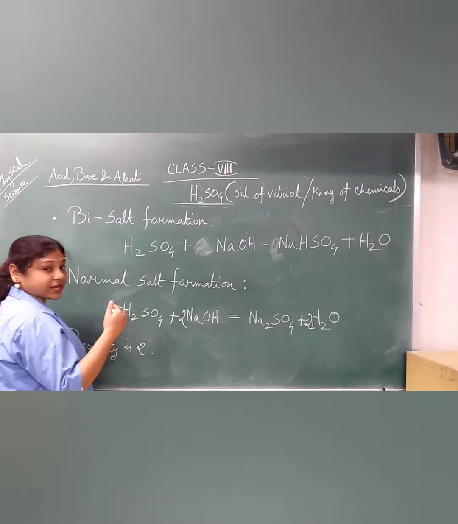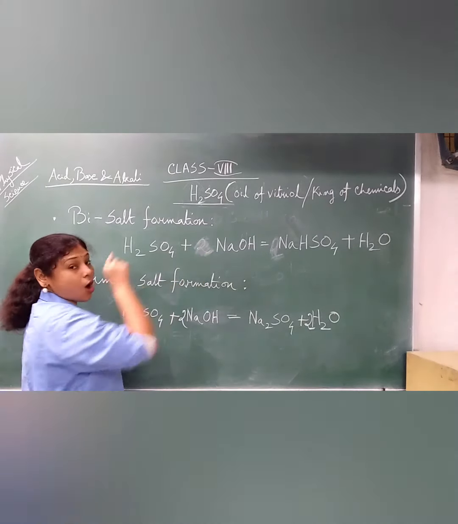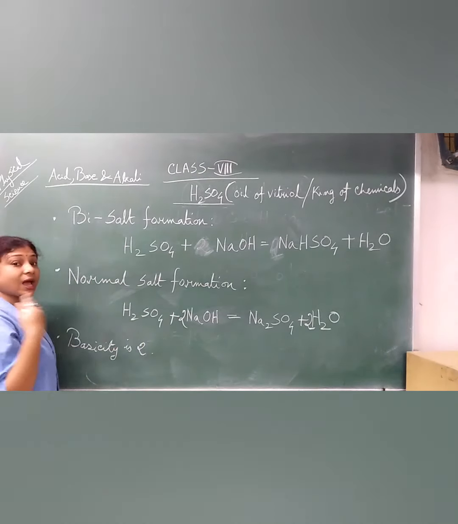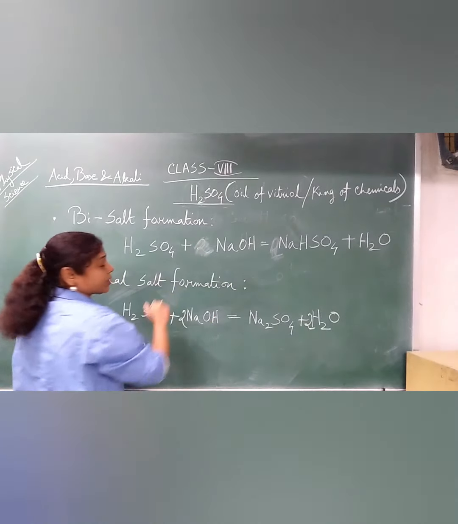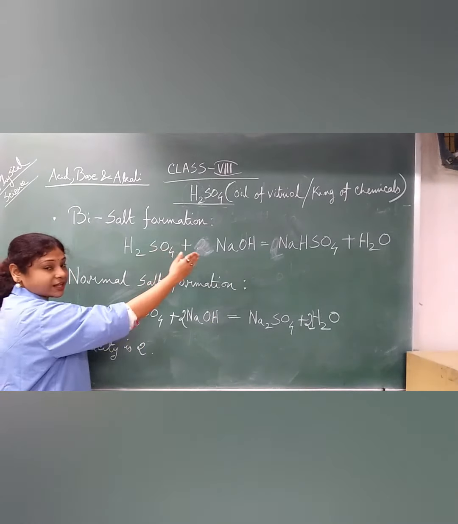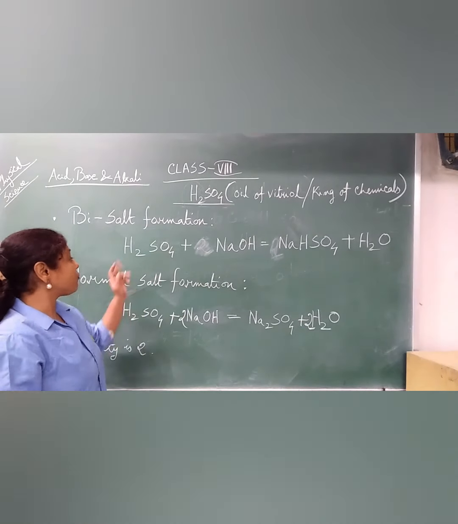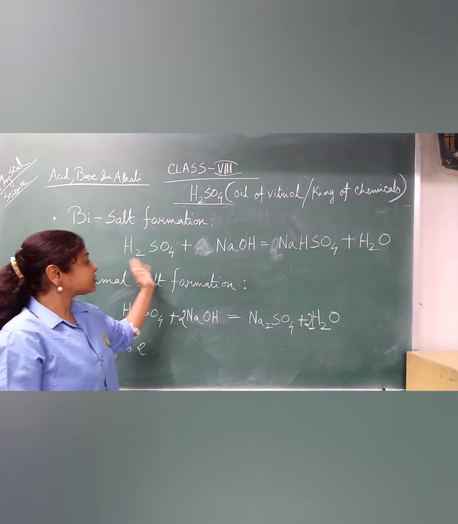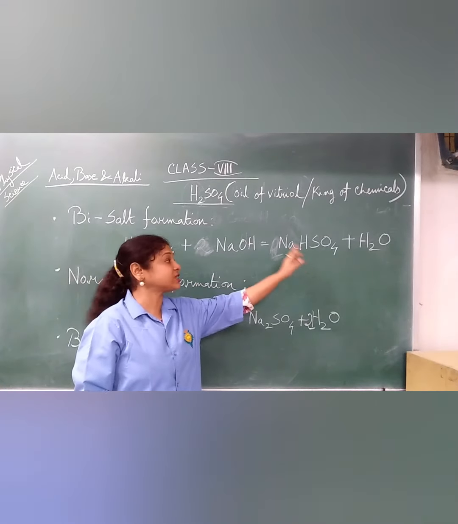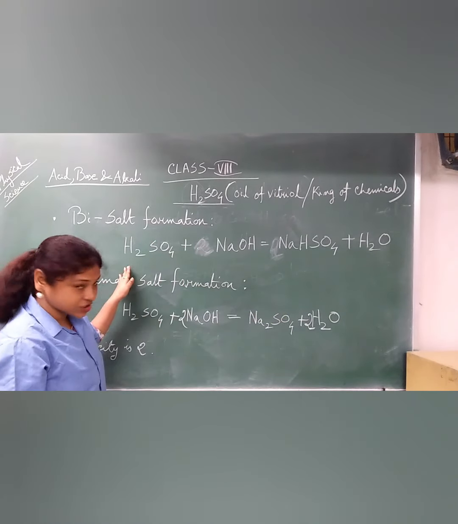That means it can react with two atoms of other metals. First, it reacts with one molecule of NaOH and only one hydrogen is replaced. That's why NaHSO4 is formed, that is sodium bisulfate, and water. This is also a neutralization reaction.